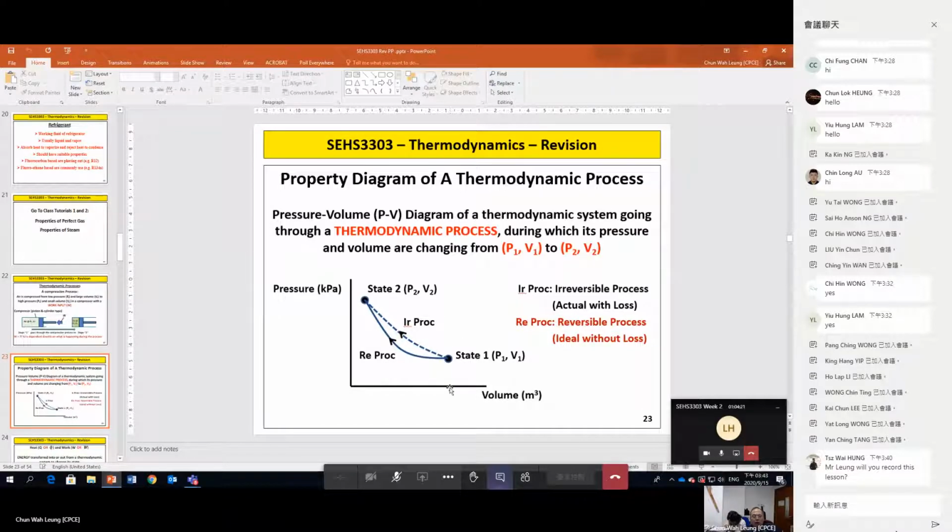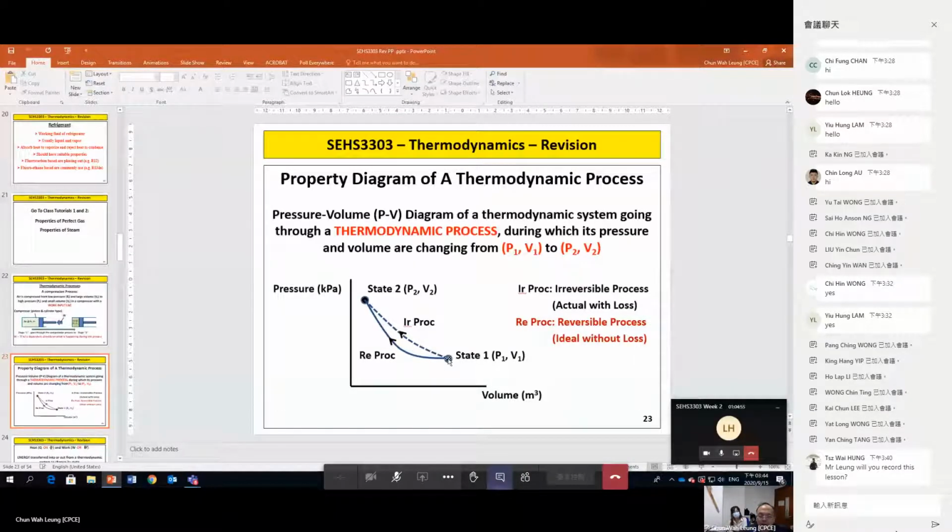Because a solid line shows that the process between state 1 and state 2 is an ideal process, ideal meaning low loss. There is no loss. Therefore, an ideal process represents that there is no loss. And because there is no loss, we believe this process can be reversed.